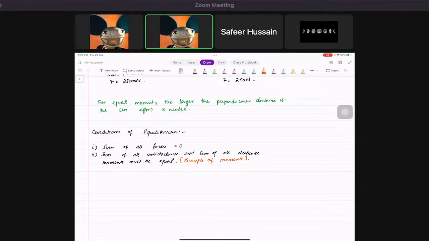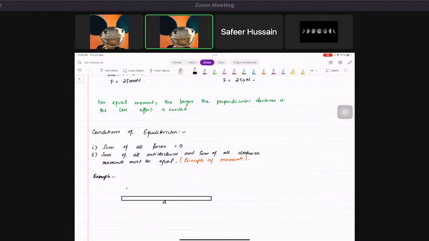So first of all, I would like to tell you about a very simple example. Suppose we have a body like this, a seesaw or something.